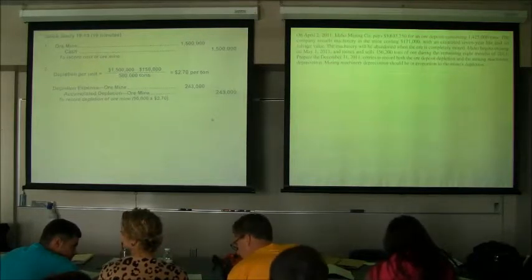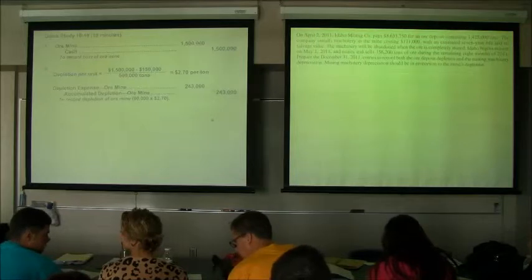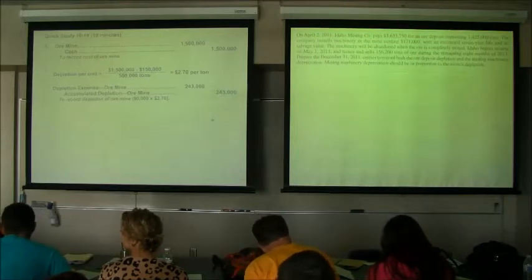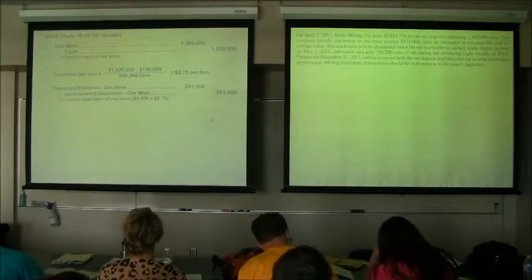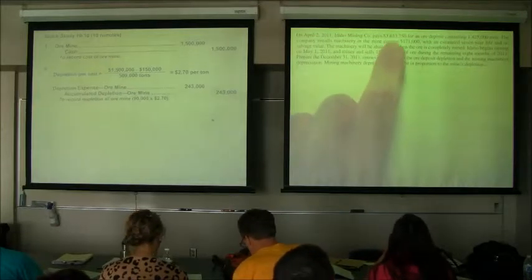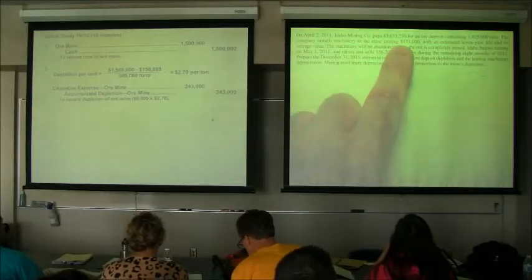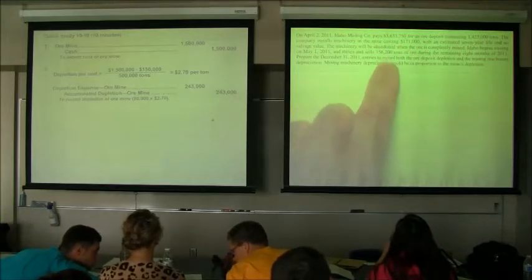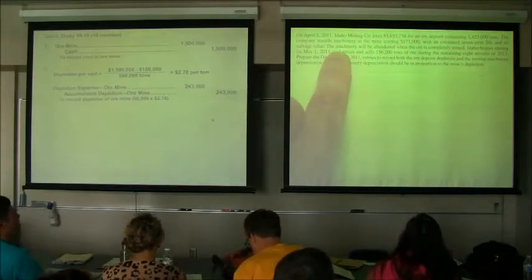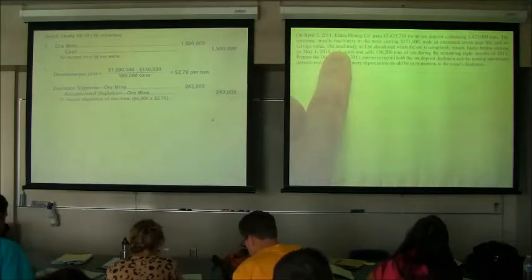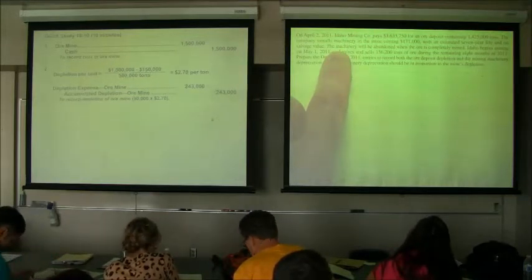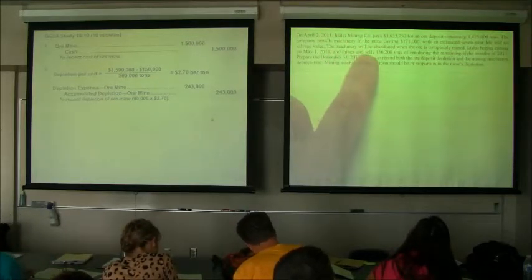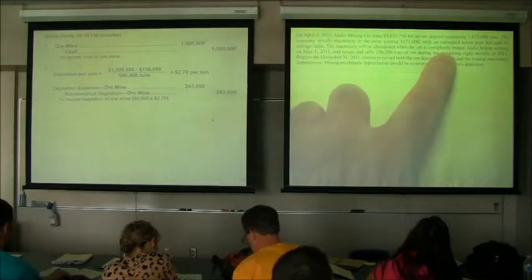So in this case, on April 2nd, 2011, Idaho Mining Company pays $3,633,750 for an ore deposit containing 1,425,000 tons. The company installs the machinery in the mine costing $171,000, with an estimated 7-year life and no salvage value. The machinery will be abandoned when the ore is completely mined out.